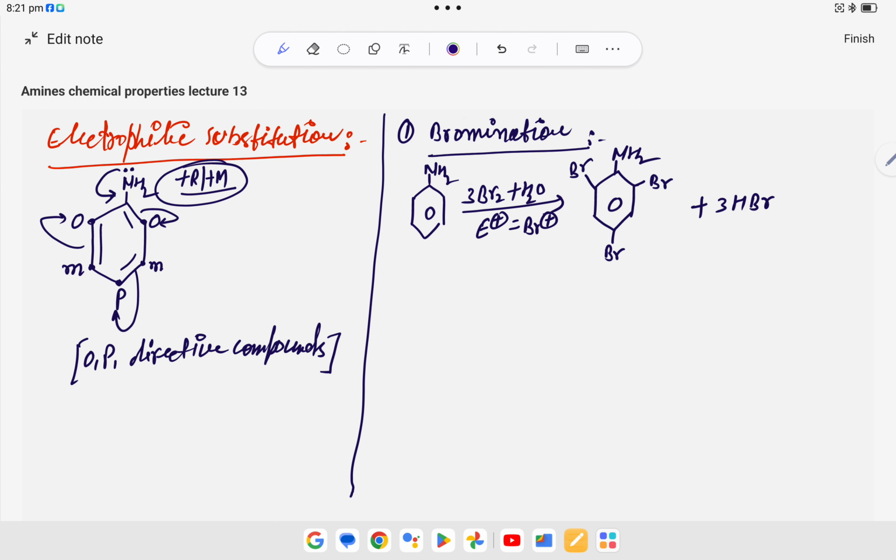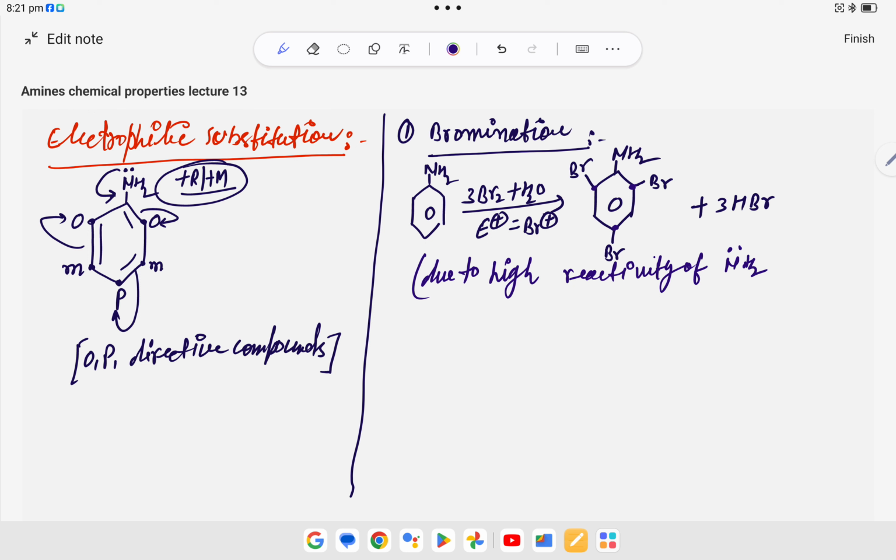So the problem is we are getting bromine attached at all the ortho and para positions. Monosubstituted compound we are not getting. Why? Due to the high reactivity of the NH2 group.